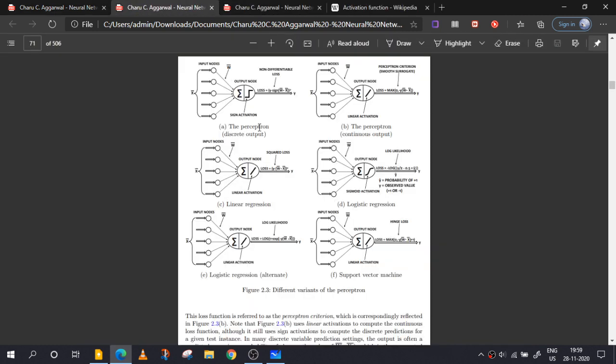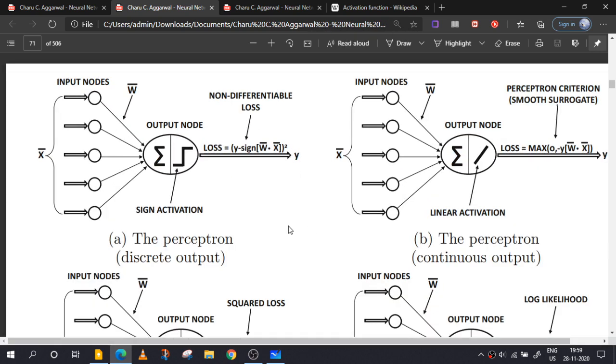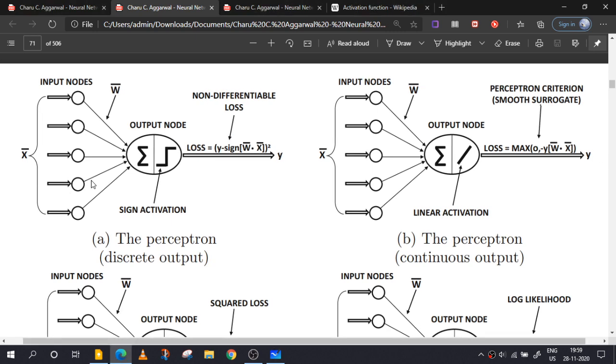So what is this figure? Let me check. So here's the difference, right? There's x, which is the input. This probably would be the bias and weight. Here's your activation function, where you send the input in, and then you get your loss function, the non-differentiable loss.